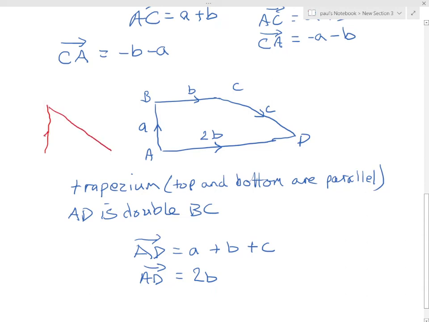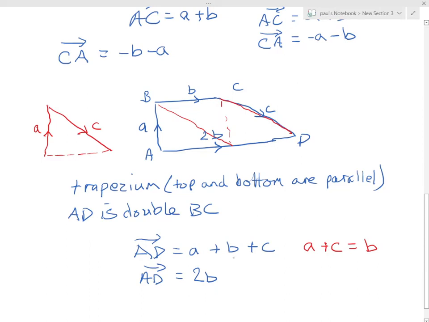So there's the A, there's the C. So if we did that, if we move that line C back to there, it would be exactly the same as B. So A plus C is equal to the vector B, because this line is twice as long, and we move the diagonal back, and then we've split the AD line in half.